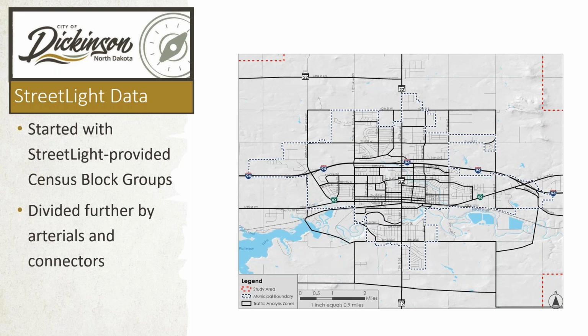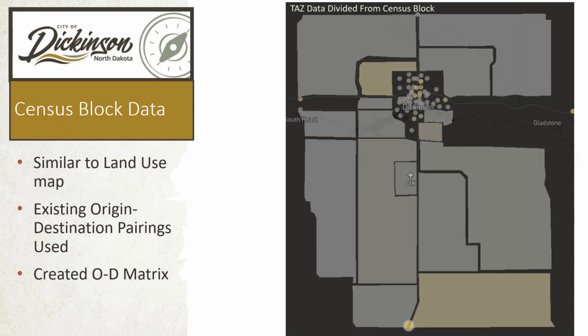And you can see the traffic analysis zones that we ended up with there on the right-hand side through most of downtown, and then up through the North Dakota 22 bypass. And then on the next slide, we can see what that looked like in Streetlight once we did break up all these analysis zones by arterials and collectors.